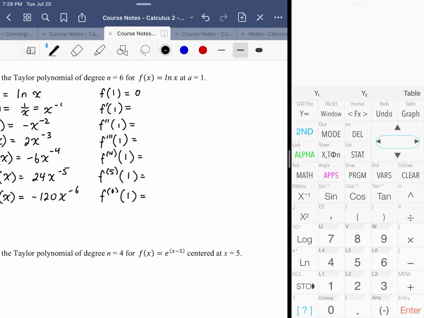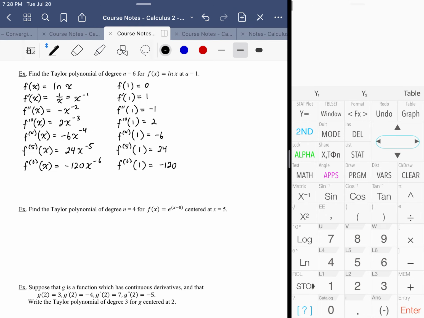Natural log of 1 is 0. 1 over 1 is 1. Negative 1 over 1 squared is negative 1. 2 over 1 cubed is 2. Negative 6 over x to the fourth, so negative 6 over 1 to the fourth is negative 6. 24 over 1 to the fifth, 24. And so negative 120. So that number 1 was beautiful in more ways than one.